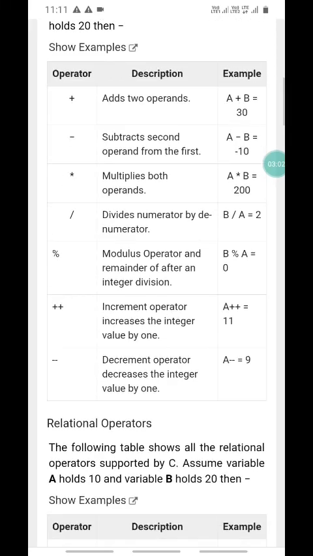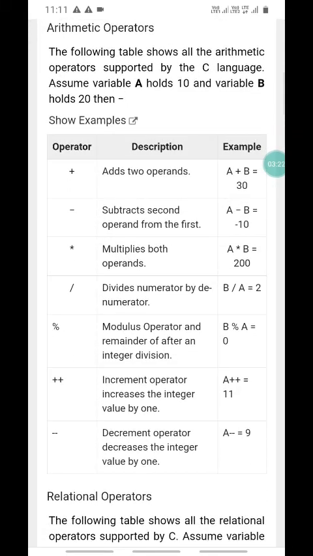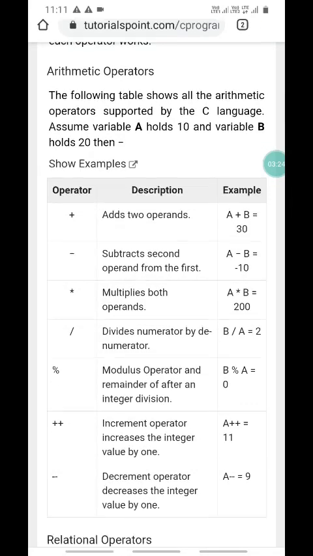And then the next is the modulus operator. This is the modulus operator, which gives the remainder after an integer division. So suppose B modulus A gives the answer 0, because B consists of the value 20 and A consists of the value 10.